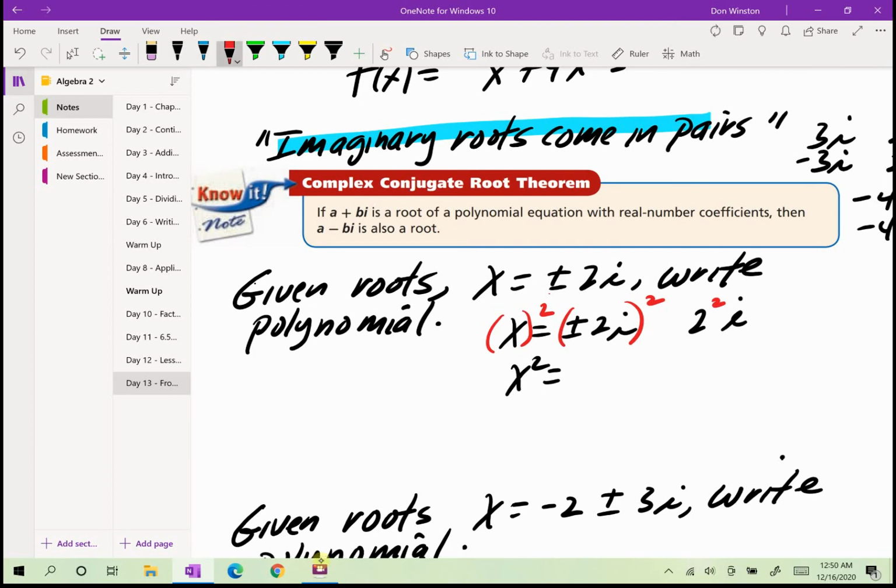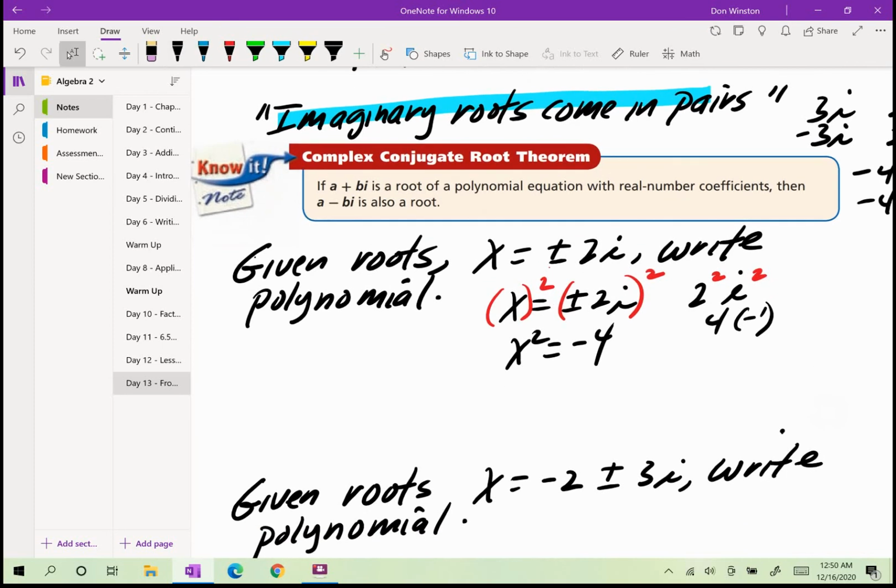I need to square both the 2 and the i. Well, 2 squared is just 4, and i squared is negative 1. So this is going to equal negative 4. 2i squared is just negative 4. And then when I add 4, I'll have my polynomial: f of x is equal to x squared plus 4. So that polynomial x squared plus 4 is guaranteed to give me roots of plus or minus 2i.